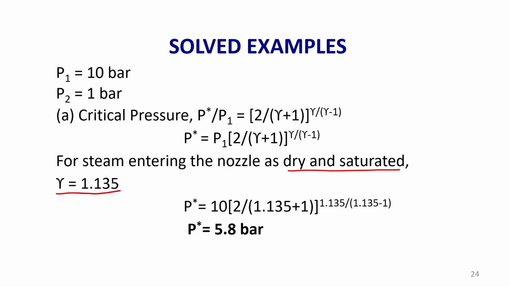We take gamma as 1.3 only if the steam is in superheated condition.